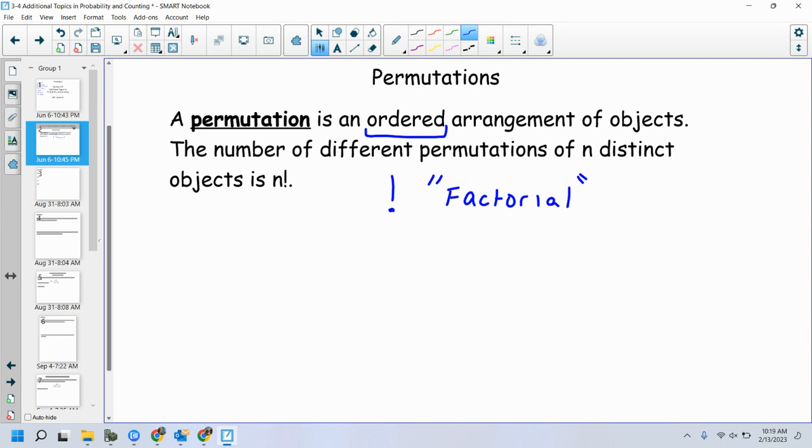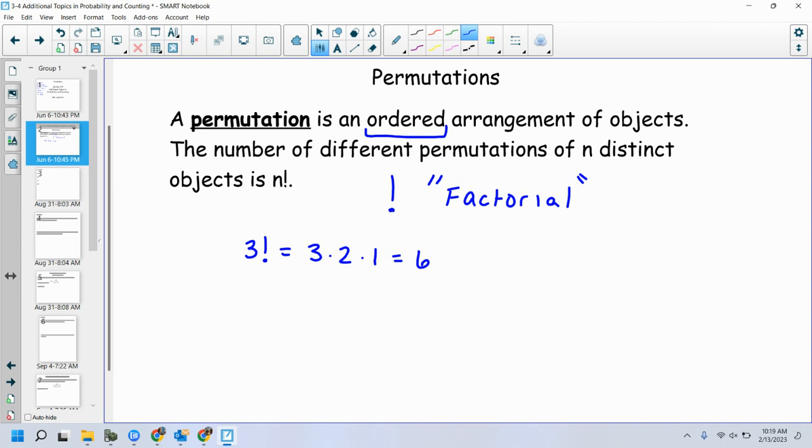Every natural number below it. So if I say 3 factorial, that is 3 times 2 times 1. So 6. Right? So if I have 3 things and I want an ordered set of 3 things, I can have 6 ways of putting those 3 things.